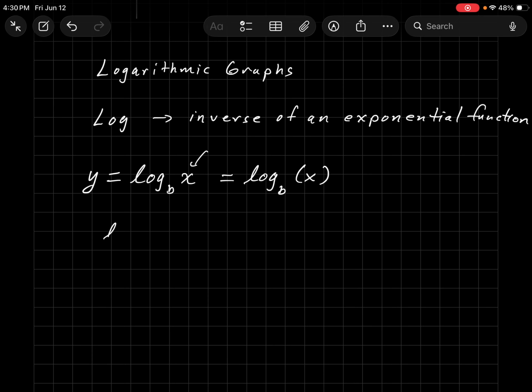So it is the log base b of x. It is not log times x. You need to think of the log function as being like the function f of x. It's not log times, it's not f times, it's log evaluated at x.